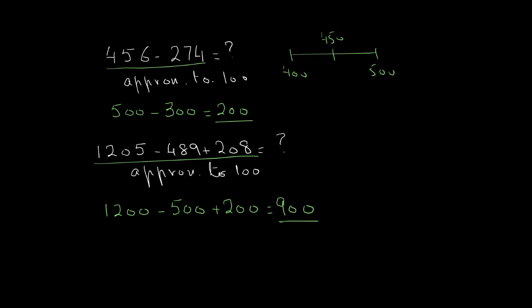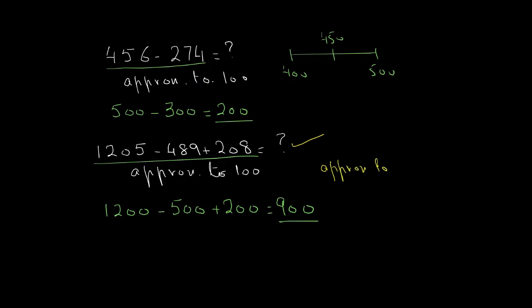Okay, so most of the problems that we have done have been approximations to the nearest 100. We could also have approximated to the nearest 10. I will just show you why it's probably not one of the best ideas to approximate to the nearest 10. Let's say I want to do the same problem, but I want to approximate to the nearest 10.